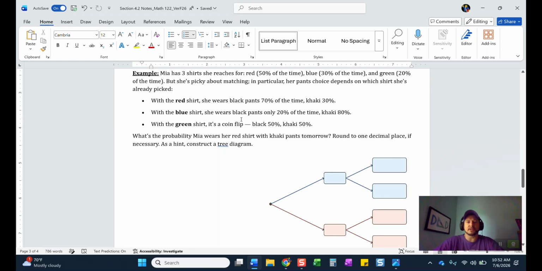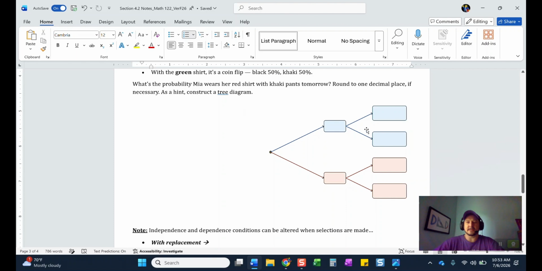With the blue shirt, she wears black pants only 20% of the time, khakis 80% of the time. With the green shirt, it's a coin flip. Black is 50%, khaki is 50%. What's the probability Mia wears her red shirt with khaki pants tomorrow? Round to 1 decimal place if necessary. As a hint, construct a tree diagram.